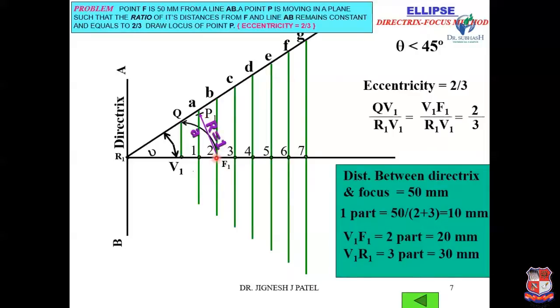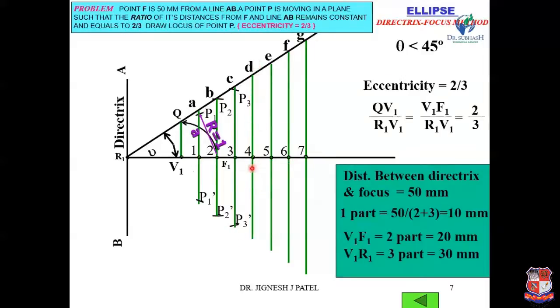Now with center F1 and radius 2B, draw arcs on both sides. These points are P2, P2 dash. Now radius 3C, center F1, and draw an arc; the point is P3, and here P3 dash.